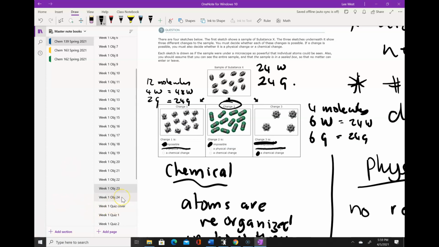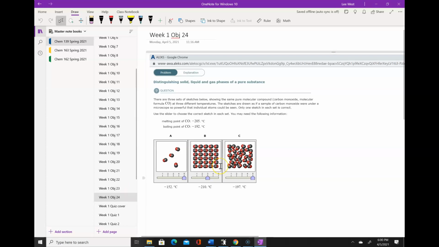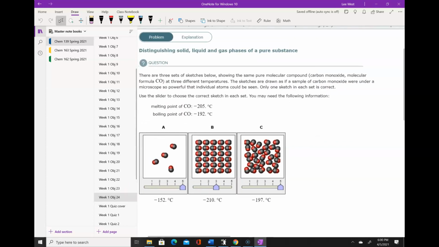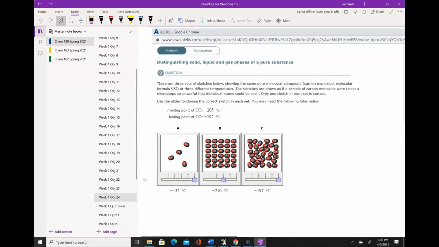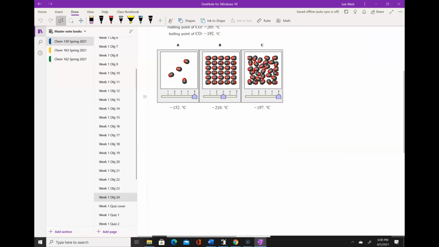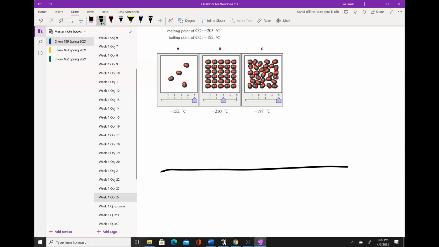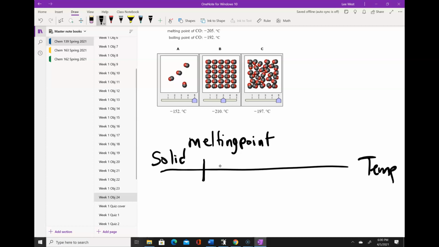All right, last objective. Let's see how we're going to go. Oh, this one's good. Distinguishing solid, liquid, and gas phases of a pure substance. If we have a graph here with temperature, this first temperature I'm going to put on here is called the melting point. If I'm at a temperature lower than the melting point, I'll have a solid.